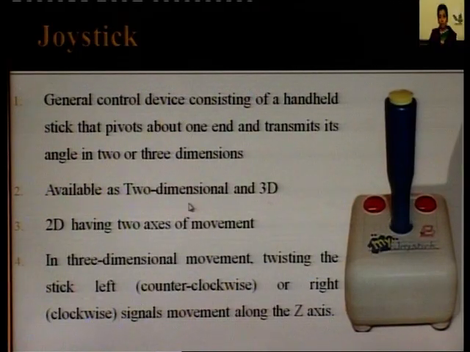It is available as 2D and 3D. 2D has 2 axes of movement, x and y, so we can only move up and down, left and right, whereas in 3D there are 3 movements: twisting the stick, left-right, and signal movement along the z axis. Okay, that means if we are moving in 2D, that means x and y, and if we are moving in 3D, that means x, y and z.